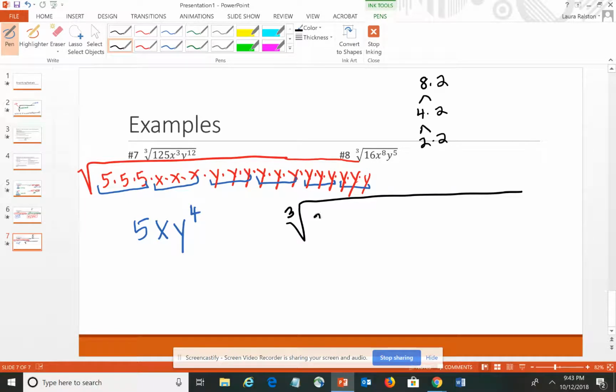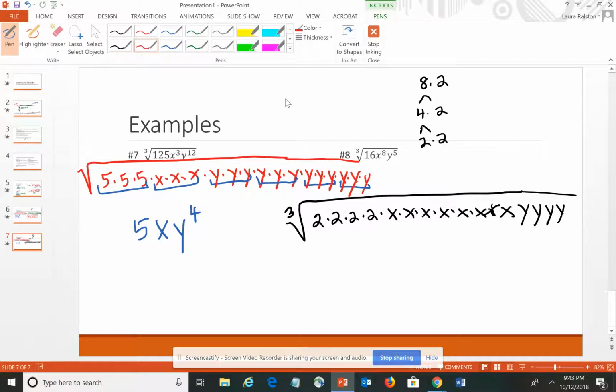So I have 2 times 2 times 2 times 2, 8 x's, and 5 y's. Again, I'm looking for sets of 3 since my index was 3.